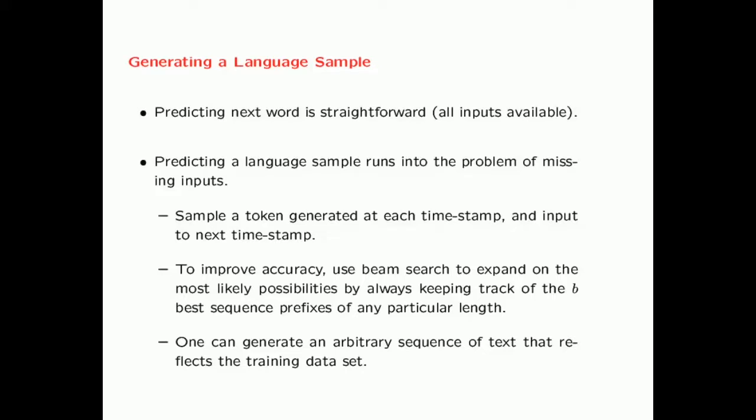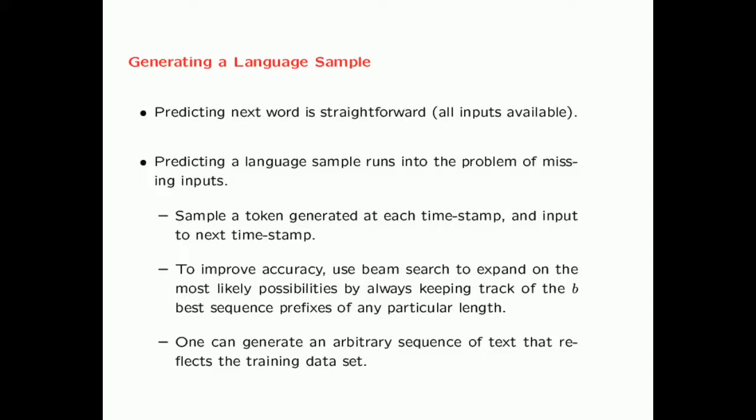Predicting a next word is straightforward when all inputs are available, because you have the segment of the sentence already available. When you have missing inputs, this approach, by the way, we use in all applications involving missing inputs. That's true for image captioning, and for example machine translation.